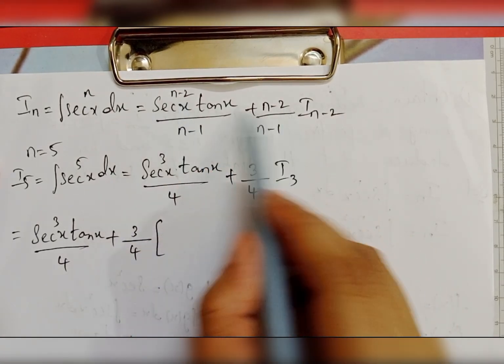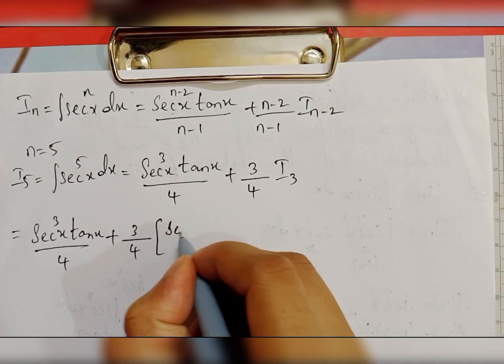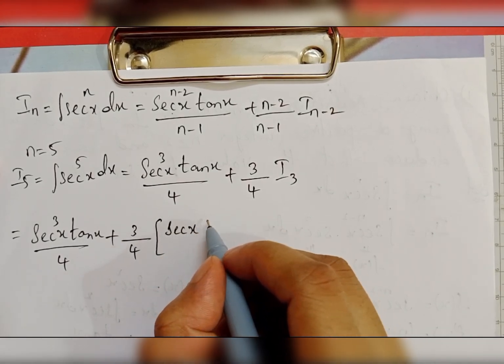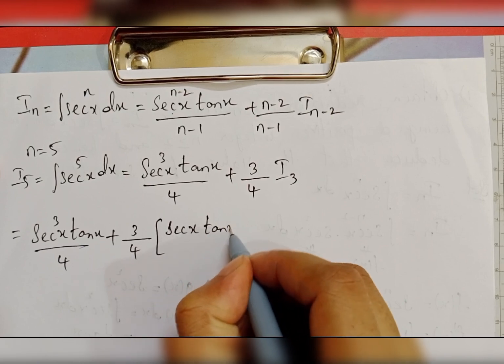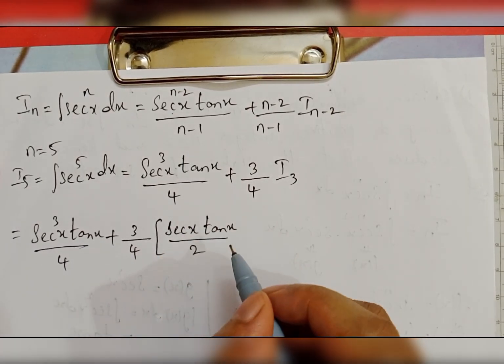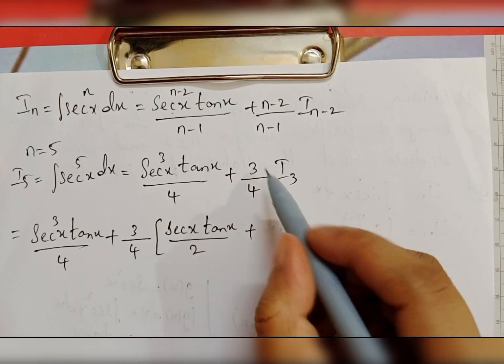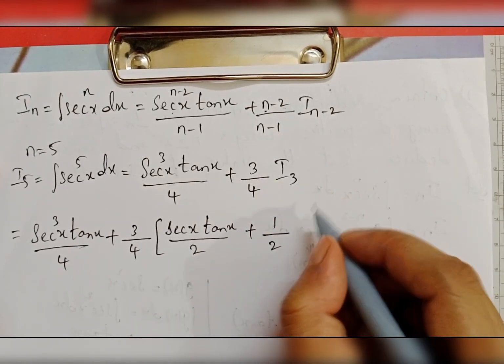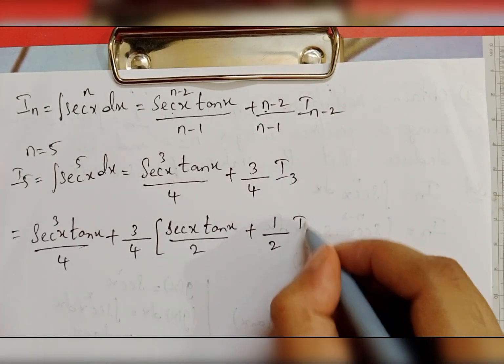Substitute n is equal to 3 in this equation. We get secant x power 3 minus 2 is 1 into tan x by 3 minus 1 is 2, plus 3 minus 2 is 1 by 3 minus 1 is 2 into I_1.